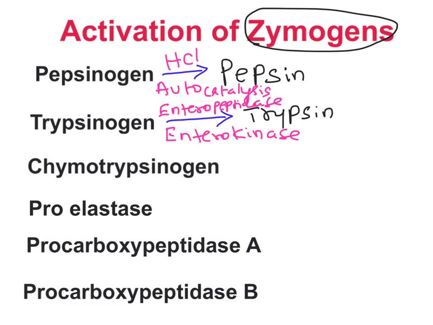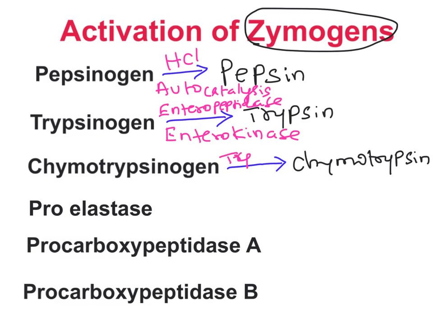Now let's move on to our third enzyme, chymotrypsinogen. Chymotrypsinogen, a pancreatic enzyme, is converted into chymotrypsin, which is an active enzyme. Chymotrypsinogen into chymotrypsin is activated by trypsin itself.